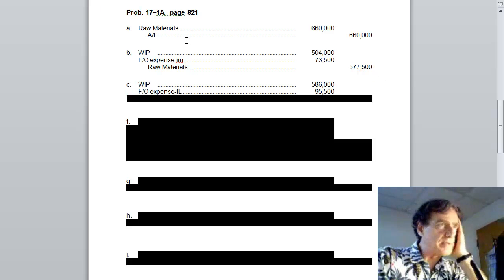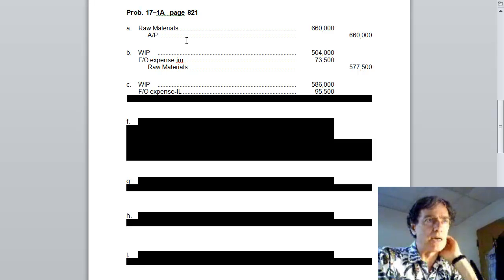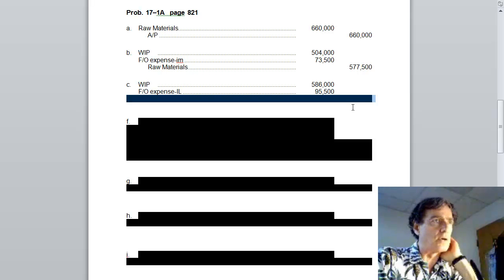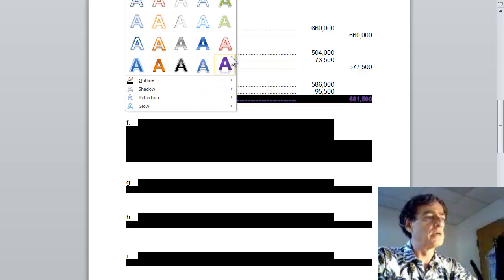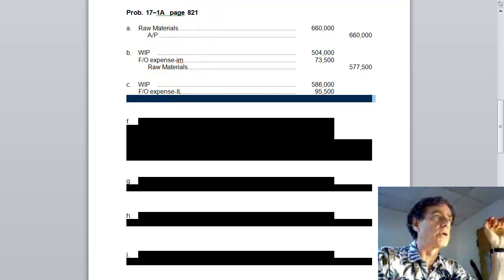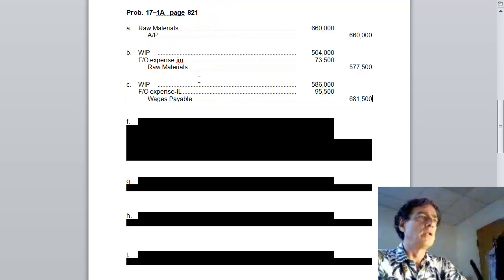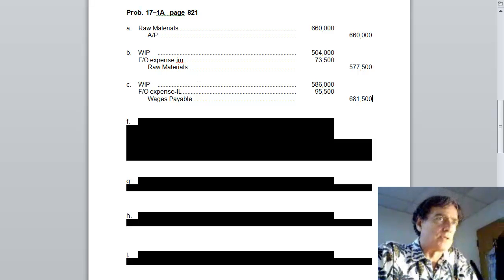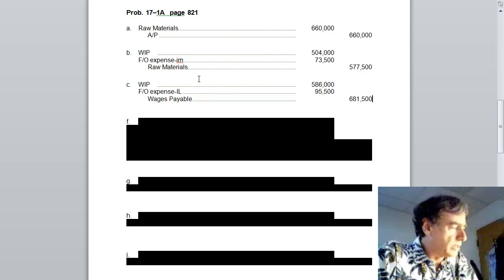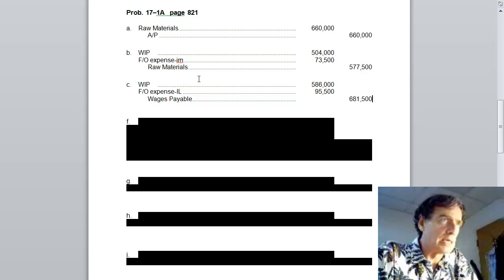The 95.5 that you're given is FO expense dash IL. That's part of the overhead pool. And the credit, which is the whole payroll liability, will go to the account wages payable, 681.5 for the total labor used in entry C.